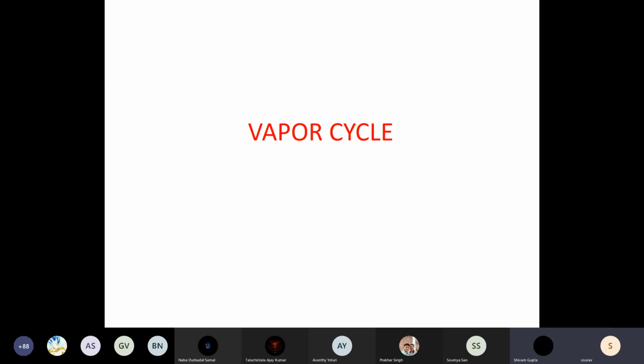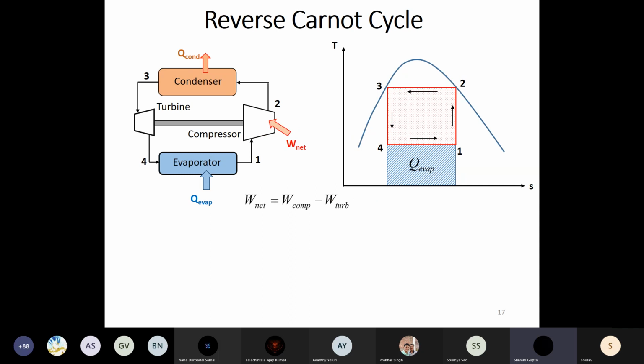In the initial phase, we will focus mainly on the vapor cycle, being the vapor compression refrigeration system, the cycles which operate using this cycle. Then we will discuss the reverse Brayton and the reverse Stirling cycle. As is the customary practice, we always start with the Carnot cycle because we have been introduced to the Carnot cycle right from our school days and then again in our initial UG classes.